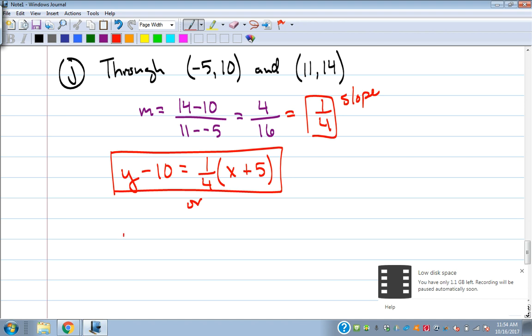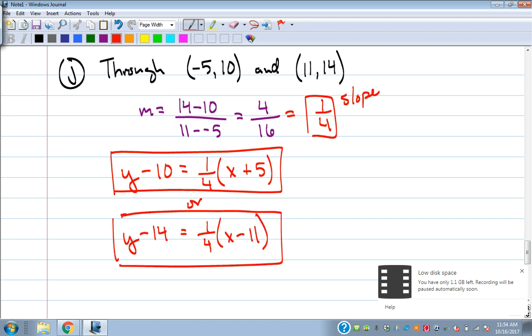If I use the second one, y minus 14 equals 1/4 x minus 11. Both of those are correct. They're both in point slope form. They both have the same slope. It's just using the other ordered pair. And again, I don't care which one you use today. Use either of those you want to. Okay.